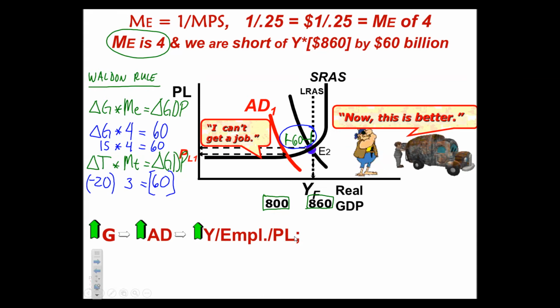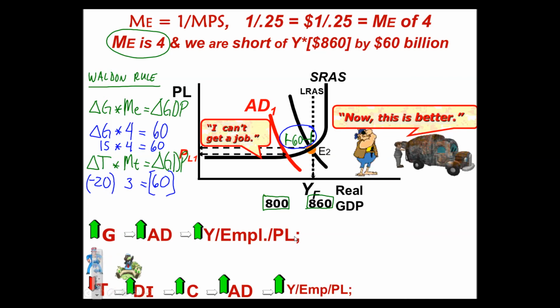Okay? The other thing we could do, of course, was lower taxes. When we reduce taxes, that increases disposable income. When disposable income increases, it increases consumption. When consumption increases, aggregate demand shifts to the right. Okay? And we get the same effect. Income, employment, price level all rise. So we're back to full employment equilibrium.